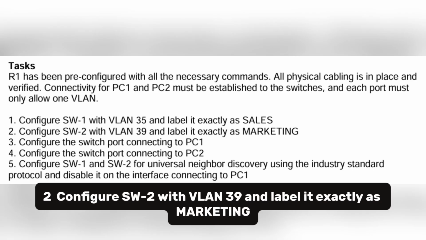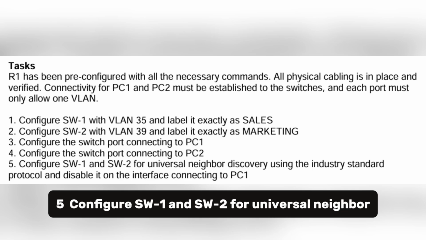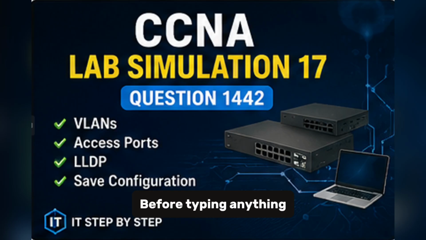Configure SW2 with VLAN 39 and label it exactly as marketing. 3. Configure the switch port connecting to PC1. 4. Configure the switch port connecting to PC2. 5. Configure SW1 and SW2 for universal neighbor discovery using the industry standard protocol and disable it on the interface connecting to PC1. Before typing anything, always read every task carefully.